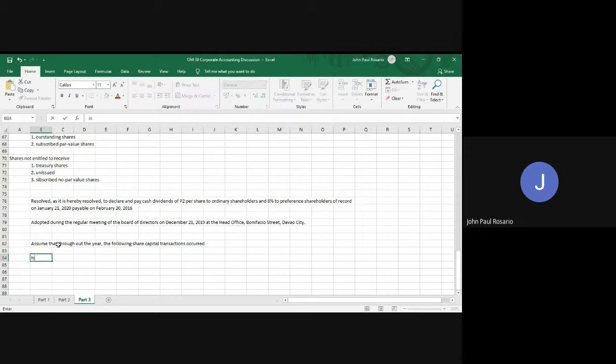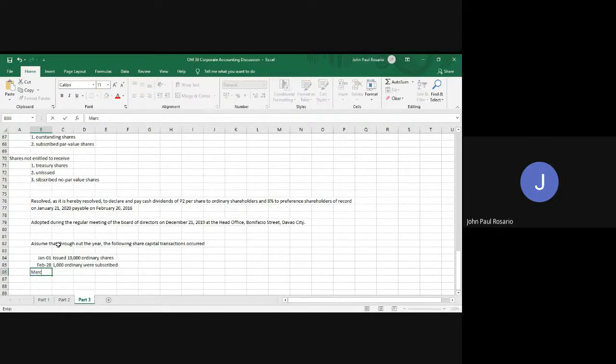On January 1, 10,000 ordinary shares were issued. Then on February 28, 1,000 ordinary shares were subscribed.